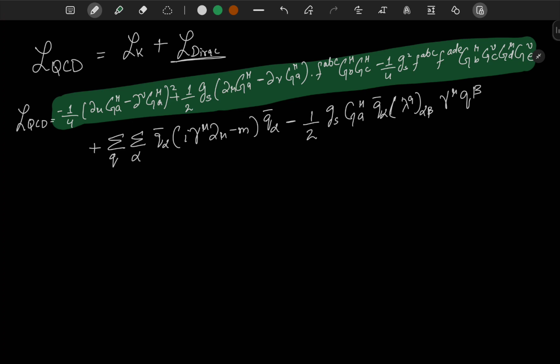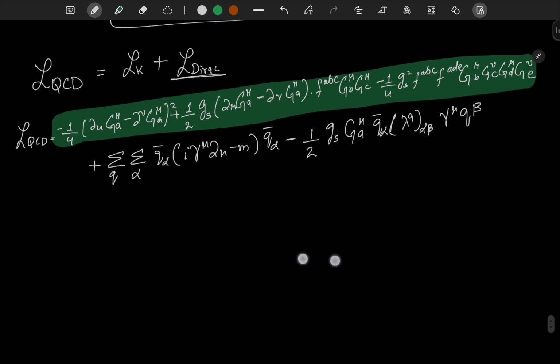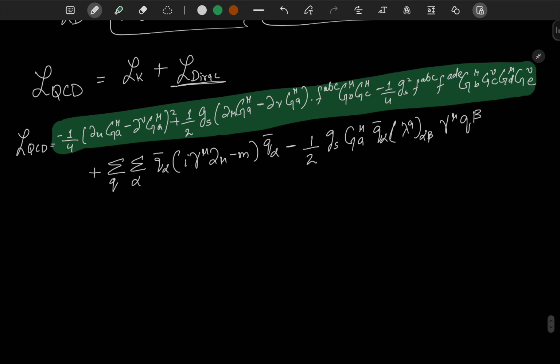The first term is purely the kinetic energy term, and it describes 8 gluon fields. Then I have 3 gluon field interactions and 4 gluon field interactions, and then the Dirac free Lagrangian, and q is the sum over the flavors, and alpha beta is the sum over the colors.